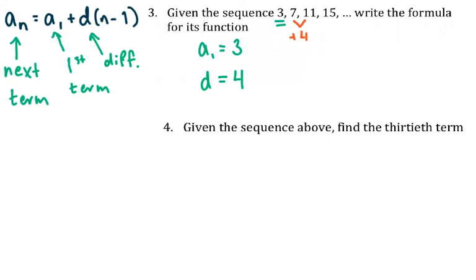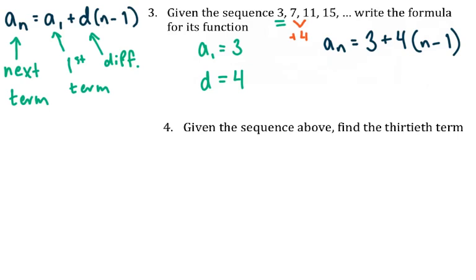And we can just then plug that in where we need to over here. So the next term, we don't know that one, but the first term is 3 plus 4 times n minus 1, and it makes sense that this is a function because we have two unknowns and they're different, two different variables, and it's in an equation.